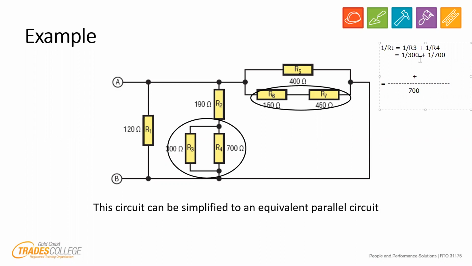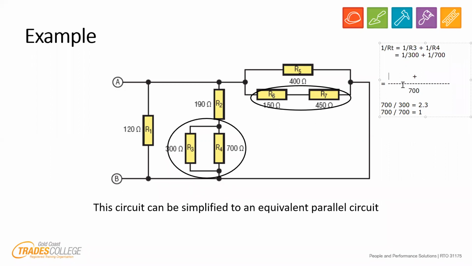The calculations are the number at the bottom, the highest number, divided by one of the resistors, and then 700 divided by the other resistor. The way I teach you guys to do this, you'll always have one of them which is 1. Once again, you know what I'm like with the calculators. We've got 2.3 and 1.